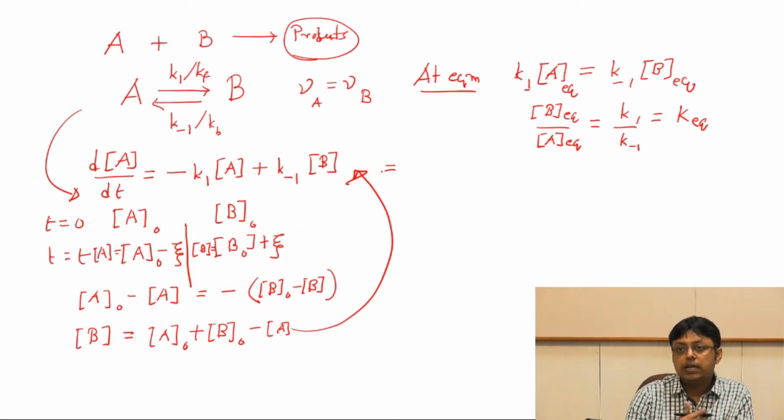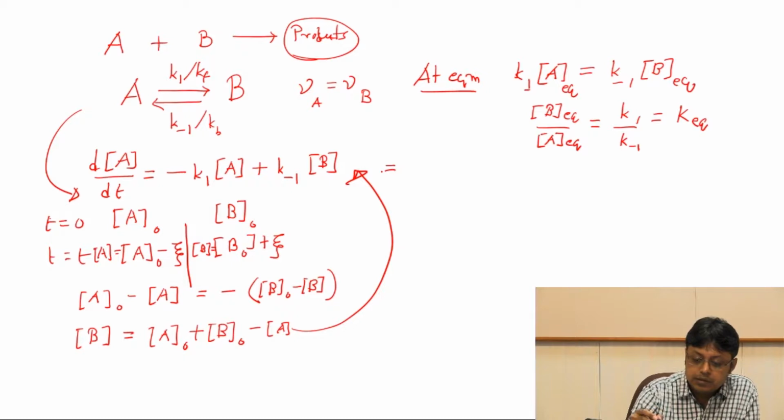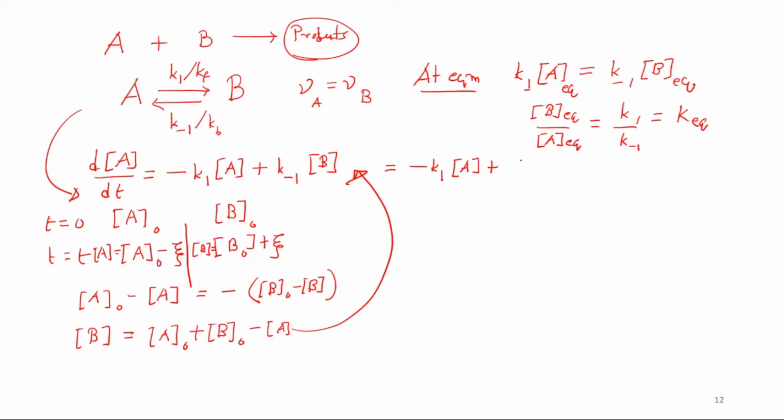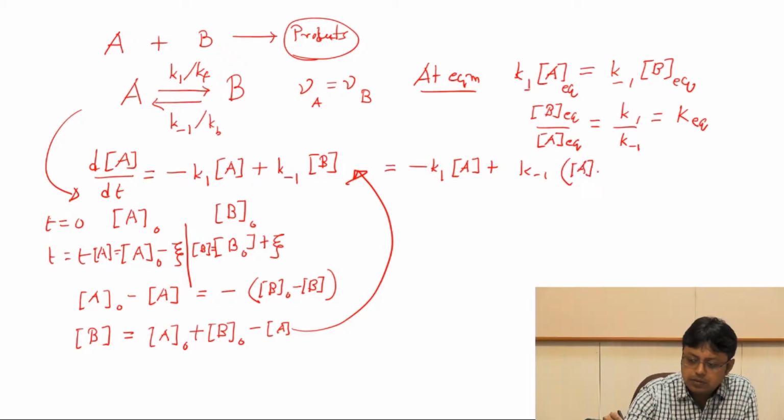Since we wrote the rate in terms of dA/dt, we have to eliminate B and write B in terms of A. So we write it like this: minus K1 into A plus K minus 1 into A0 plus B0 minus A.